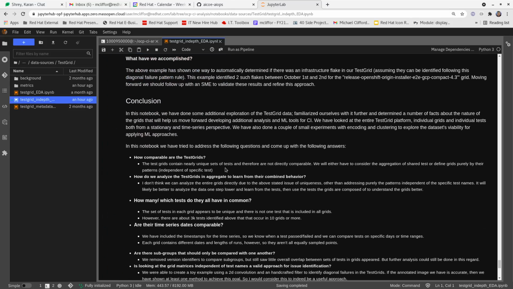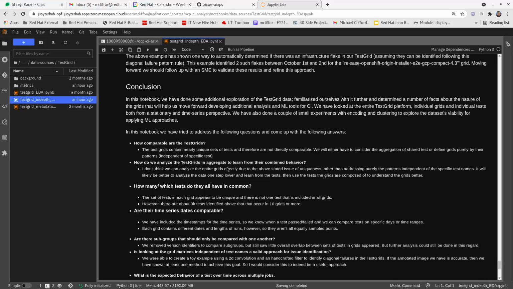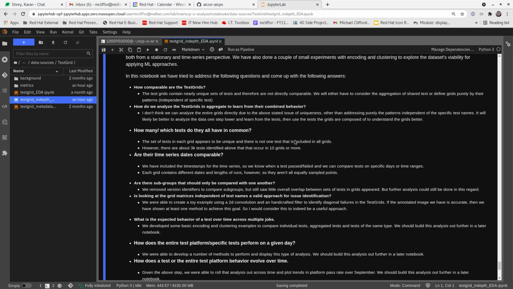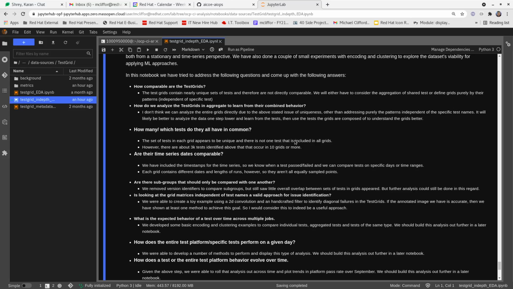So cool, great. So again, this was a more in-depth exploration of the TestGrid data to see if we could answer a few questions to move this project forward. So namely, how comparable are the TestGrids?